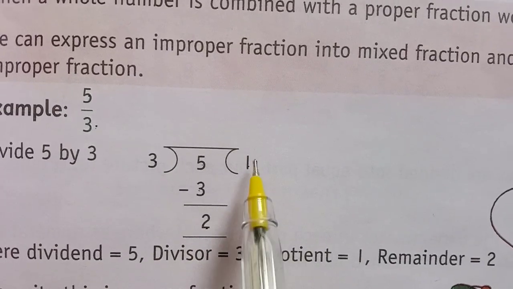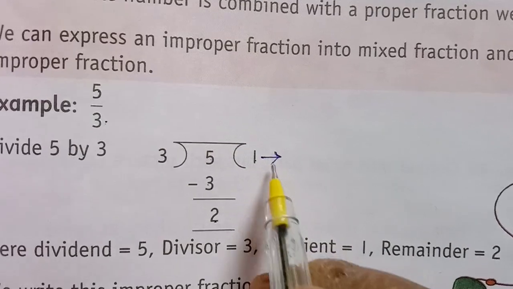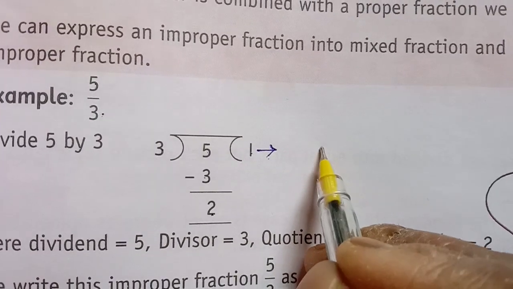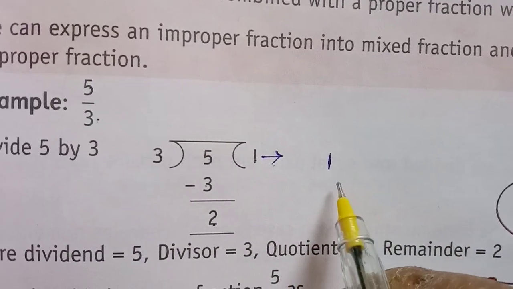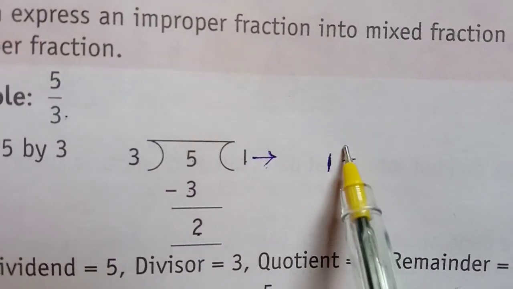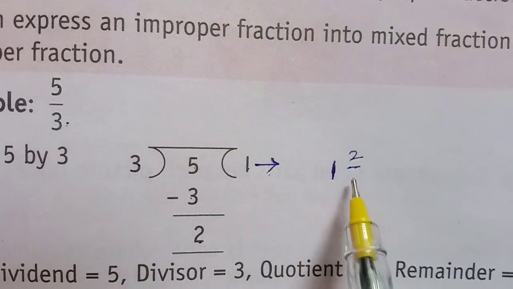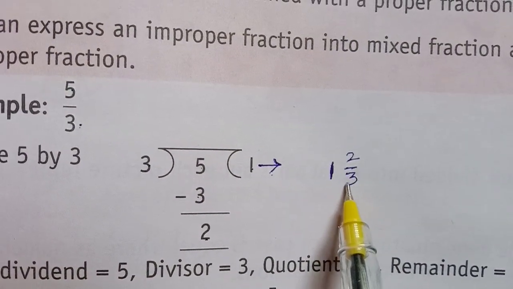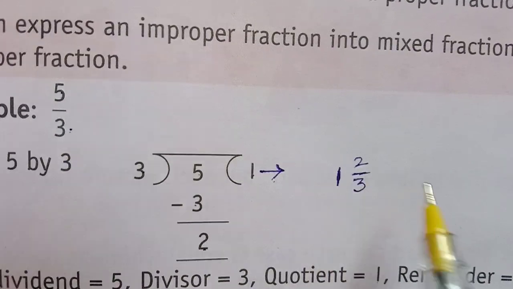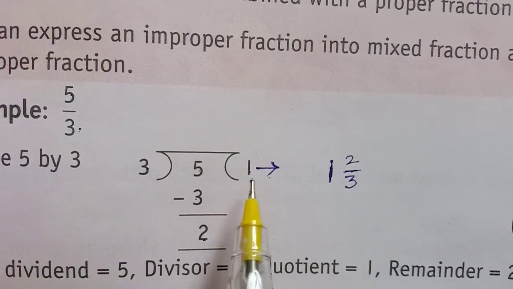Now the answer which is in the quotient place will be written as a whole number, and the remainder is taken in the numerator place and the divisor is in the denominator place. Is it clear?